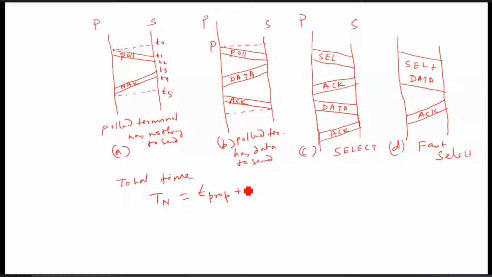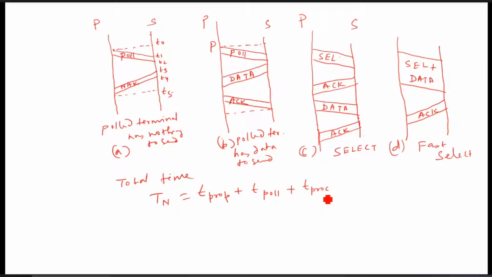Plus T poll, that is the transmission time, the time to transmit a poll message. Plus T processing. Some processing time is required whenever the poll message is received, to process this information.